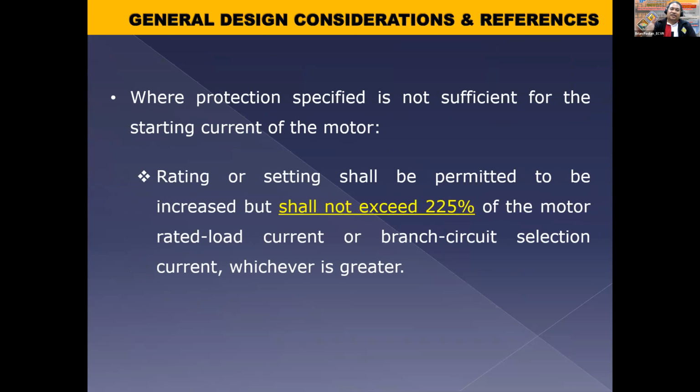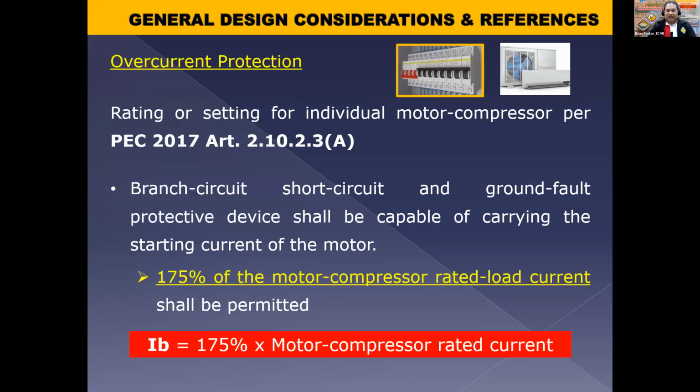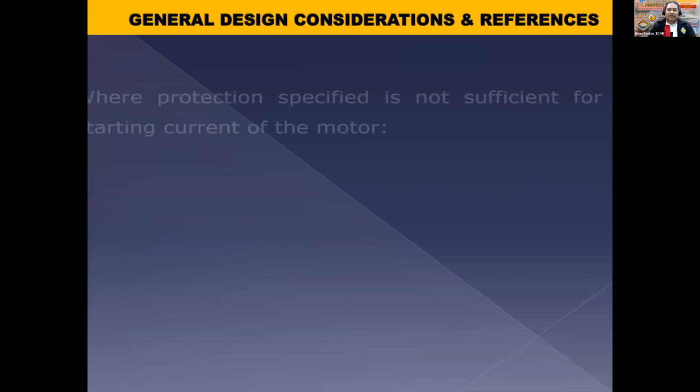Ito lang permitted natin, no? Kasi beyond this, the circuit breaker may not be able to protect now our circuit from short circuit and ground fault. Ito yung implication yan. Kaya nga hindi tayo dapat lalagpas ng 225% yung multiplying factor natin. So as low as 175 and as high as 225%.